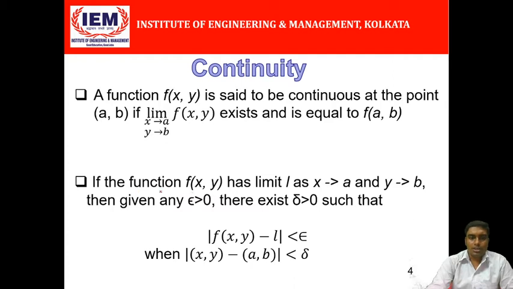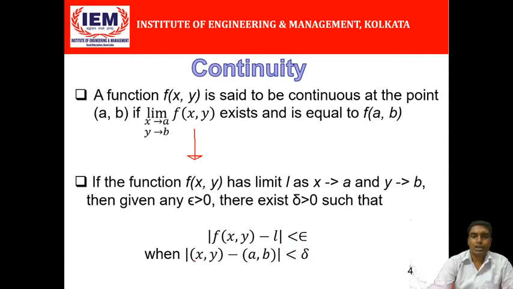Now if I write this thing in terms of the neighborhood, then I can write mod of f of x, y minus l is less than epsilon whenever the distance of (x, y) from (a, b) is less than delta.